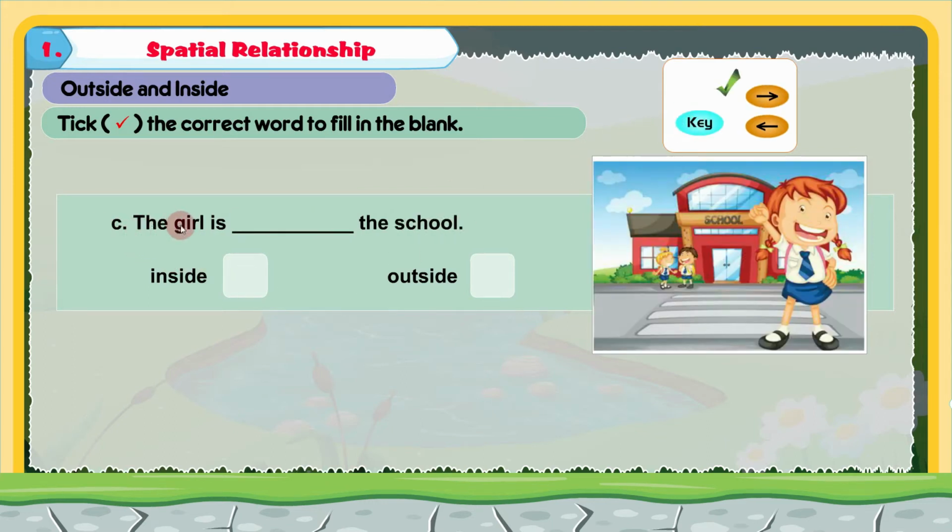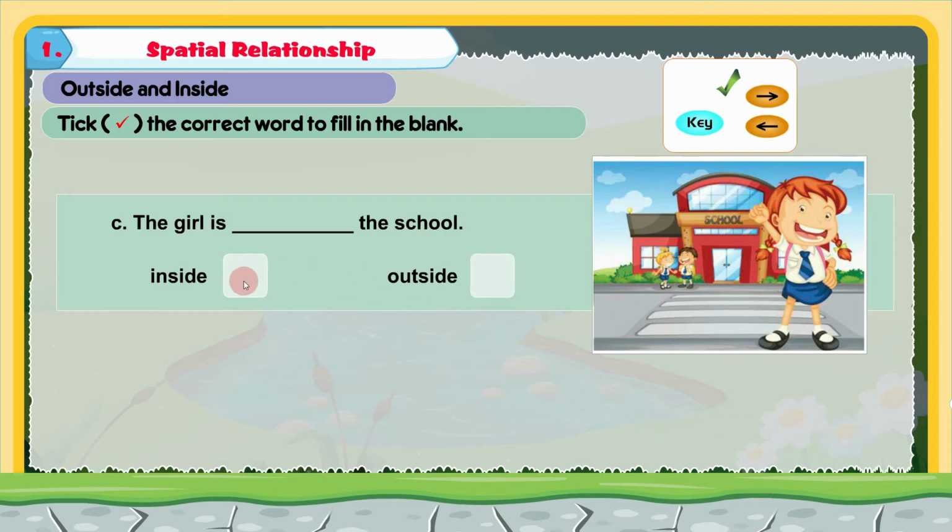Next, C. The girl is dash the school. Inside, outside. Here also we can see in the picture there is a girl and this is a school. Is she inside the school or outside the school? Yes, she is outside the school.